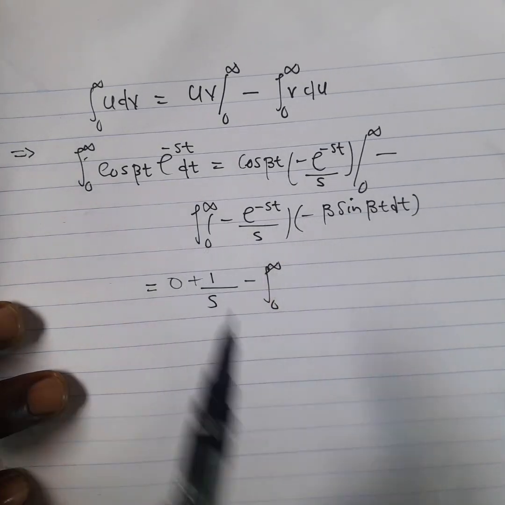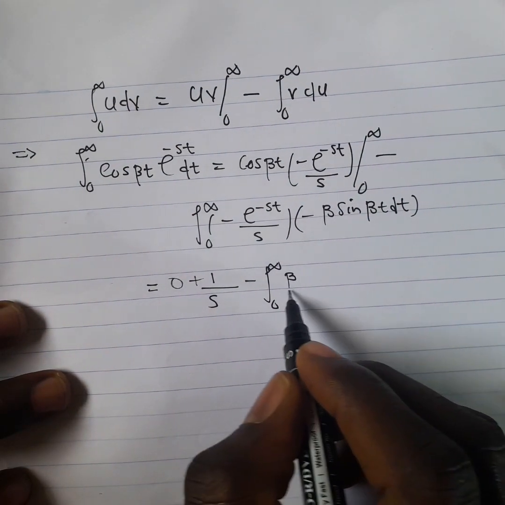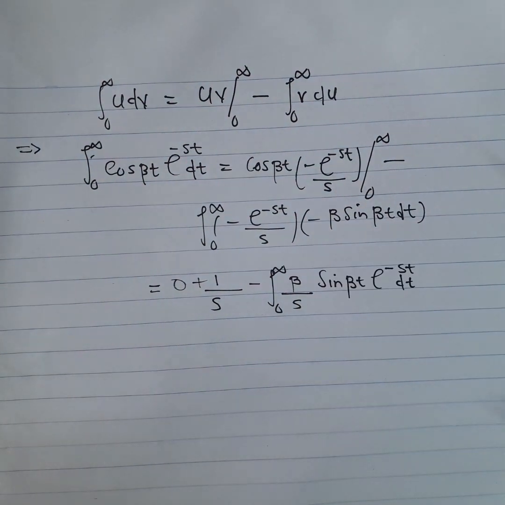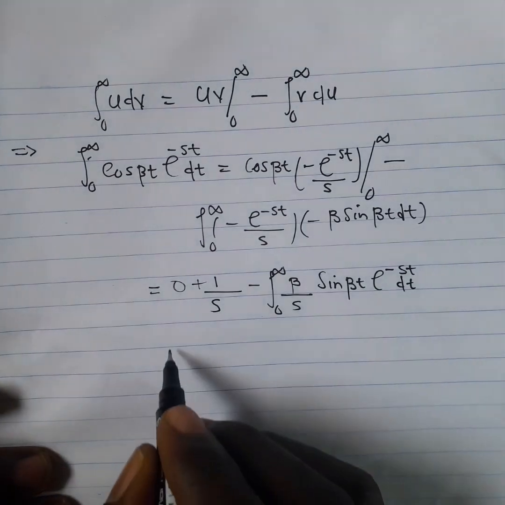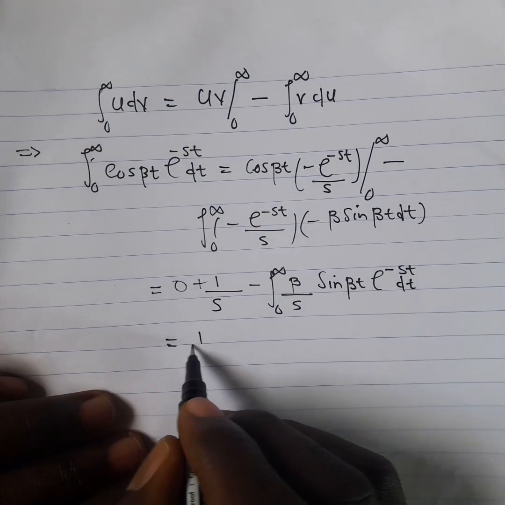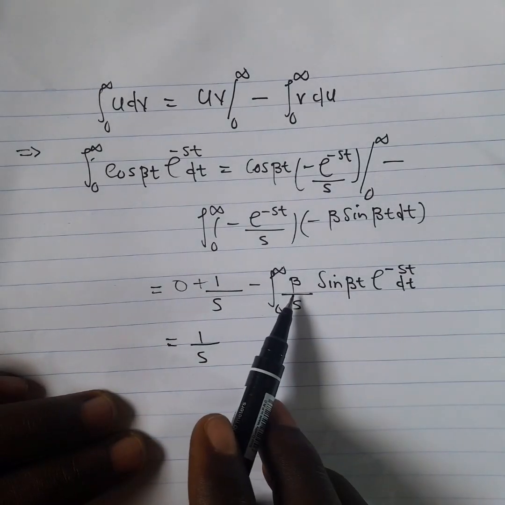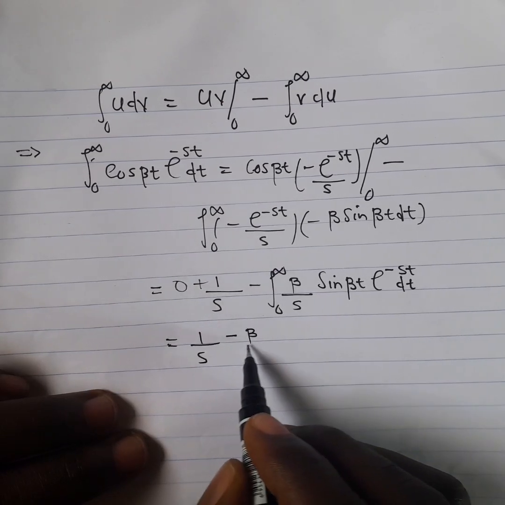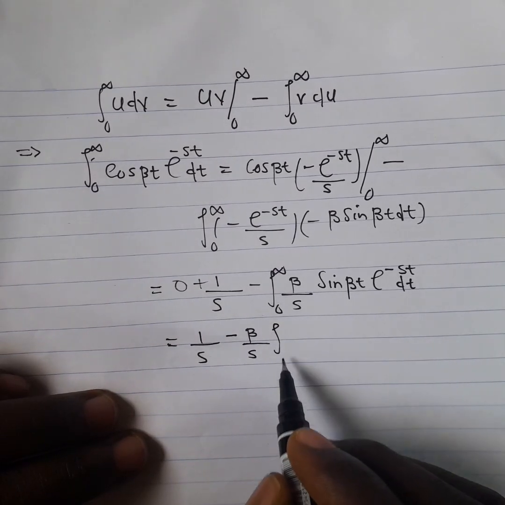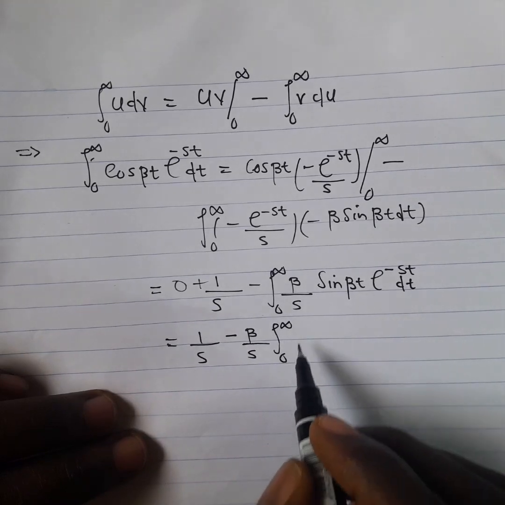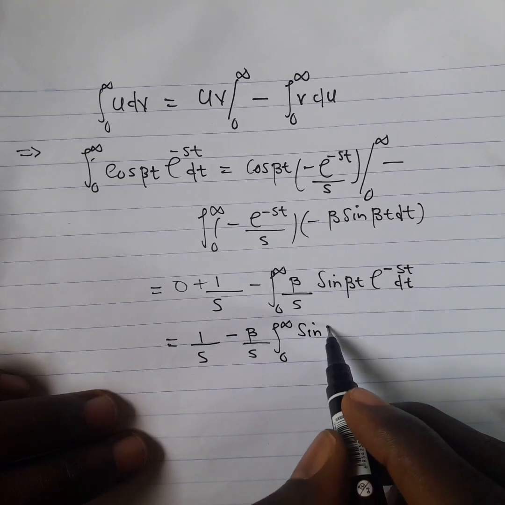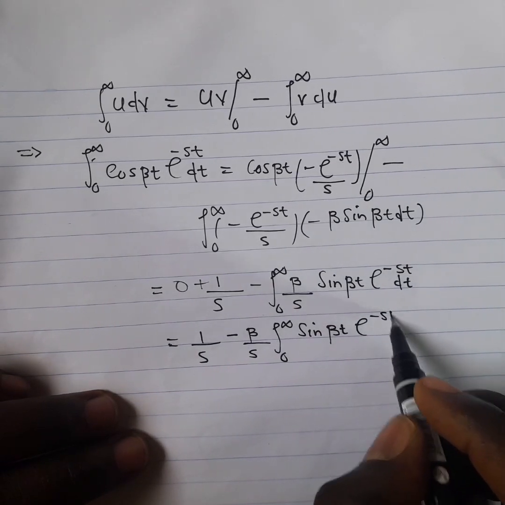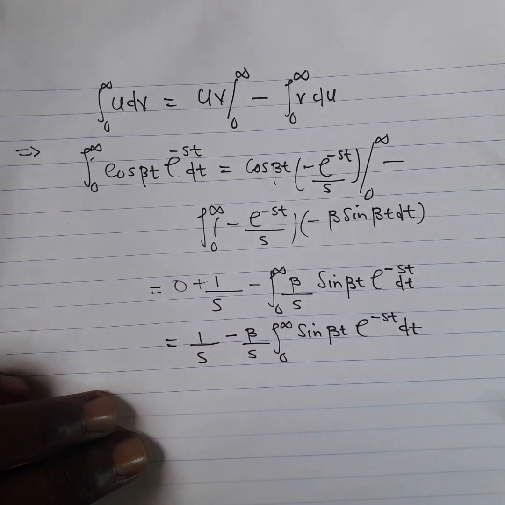This will change to plus beta divided by s. So now from here we have 1 divided by s. By factorizing this one outside, we have beta divided by s, the integral from 0 to positive infinity sine beta t exponential raised to minus st dt.